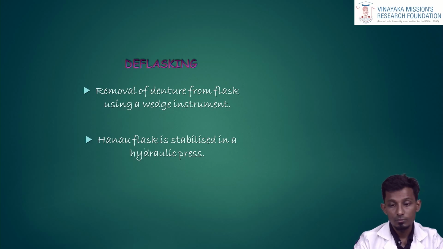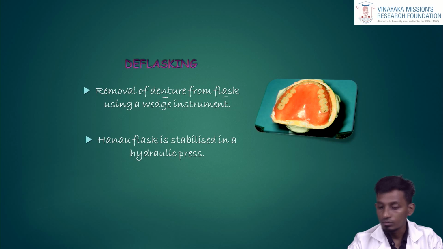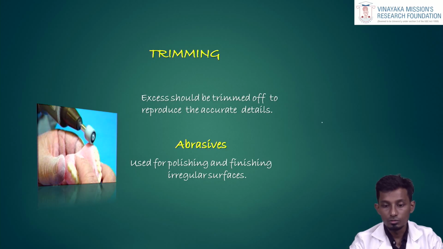Once curing is done, deflasking is done. Deflasking is nothing but the removal of the denture from the flask using a wedge instrument. Now you can see the denture is finally fabricated. The acrylic is polymerized or cured. So once we remove it, we can check for high points, and once high points are all checked, we can do the trimming.